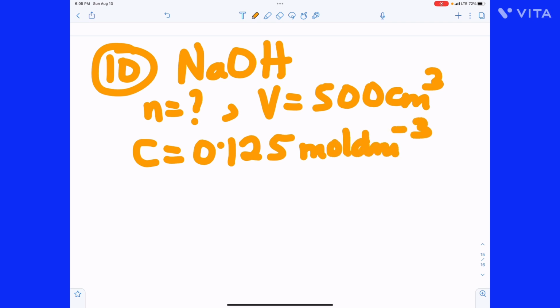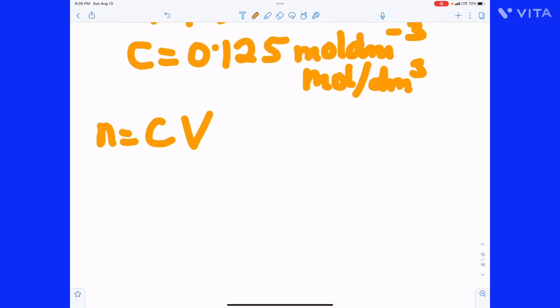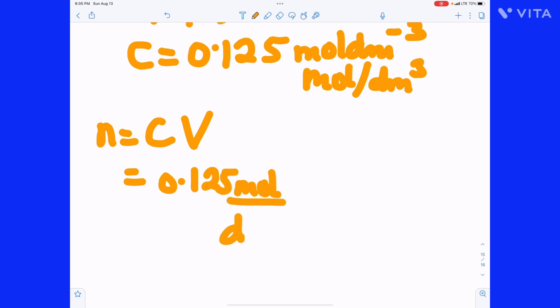We can write this as moles per dm cube like this, or mol/dm cube like that. So number of moles is concentration times volume, as we said before at the beginning. So number of moles will be 0.125 moles per dm cube, times volume 500 cm cube.